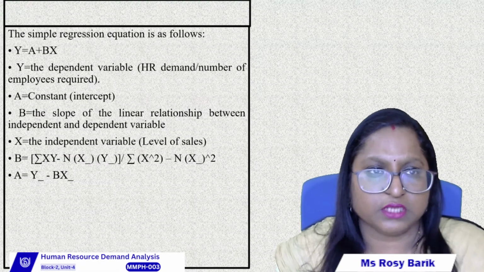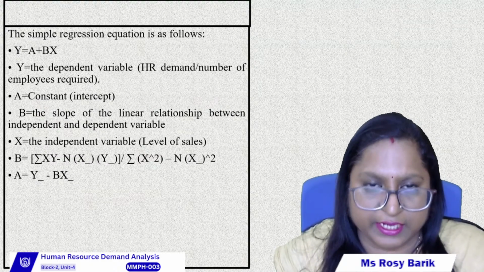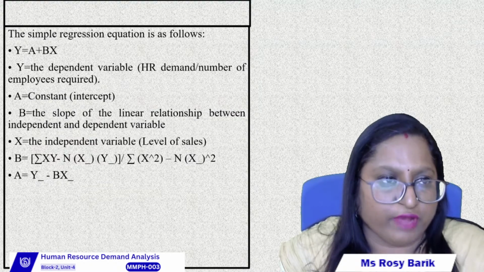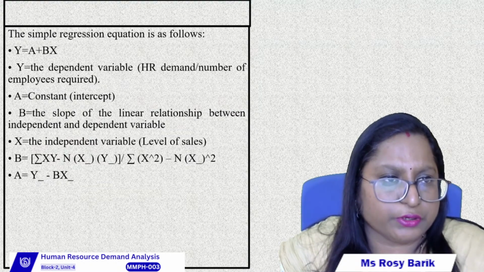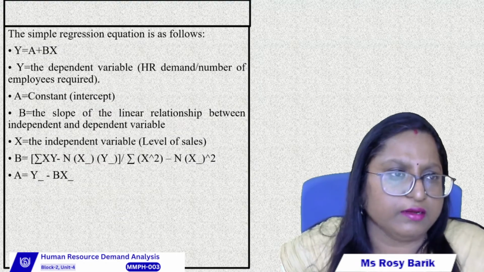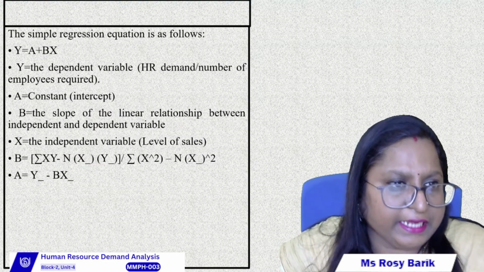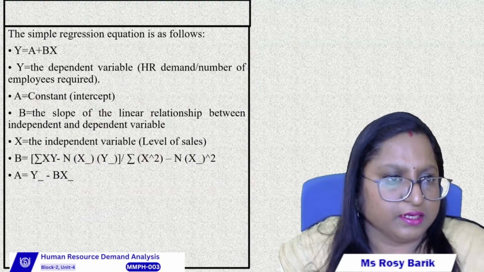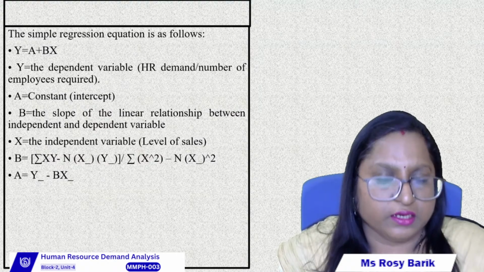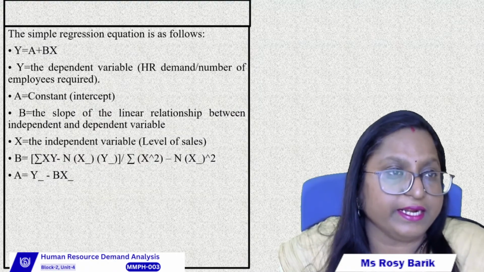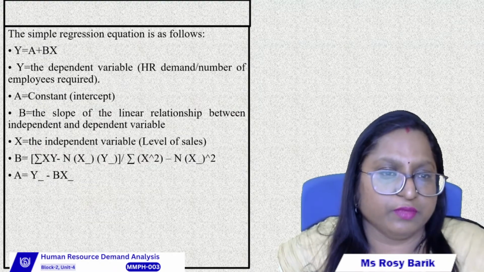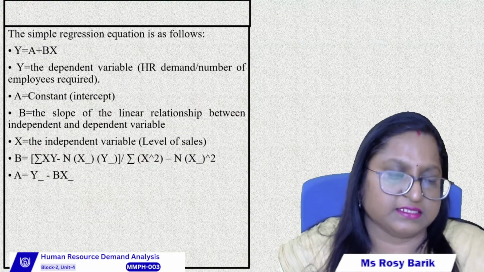So the linear regression equation will be y is equal to a plus bx, where y is the dependent variable, that is the HR demand or number of employees required. A is the constant, that is the intercept. B is the slope of the linear relationship between independent and dependent variable. X is the independent variable, that is level of sales.